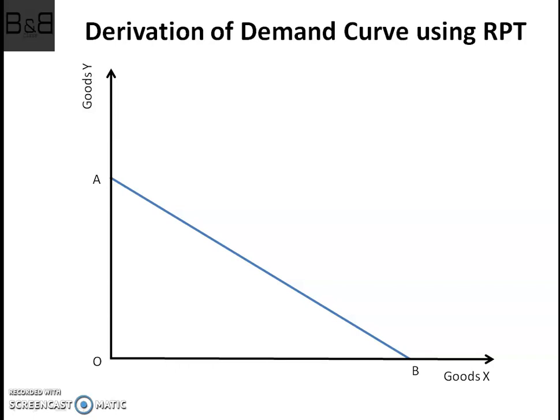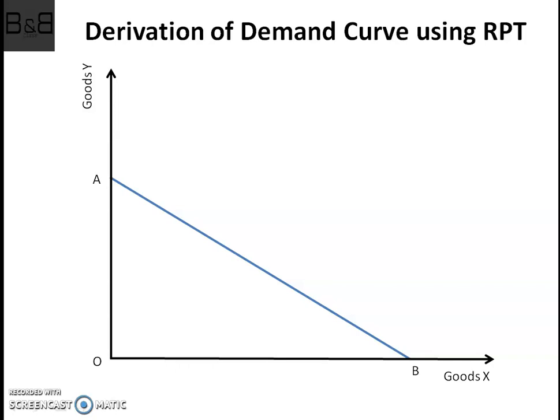The section below the line AB is still affordable since it is below the budget, and is termed inferior. On the other hand, the section above the AB line is not affordable and is called the superior bundle.